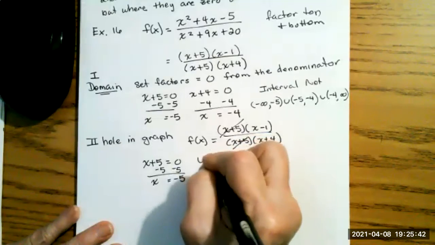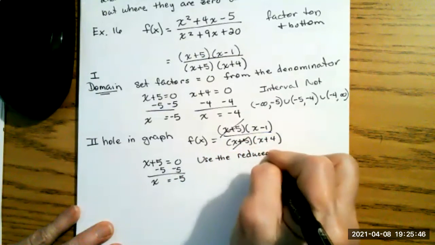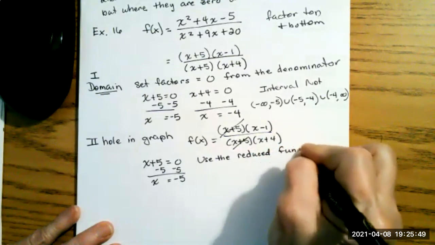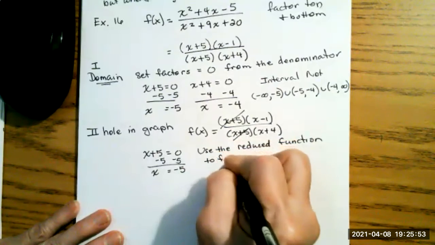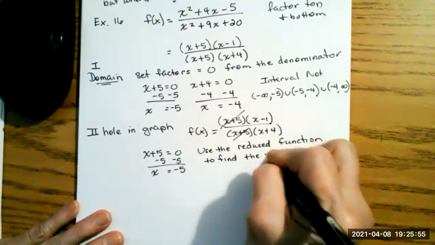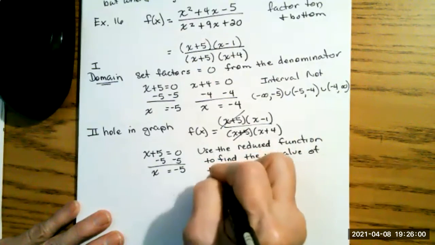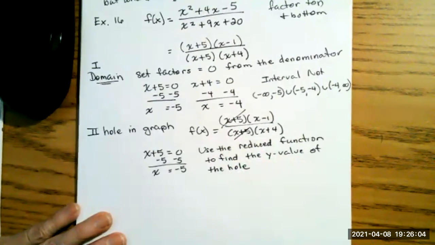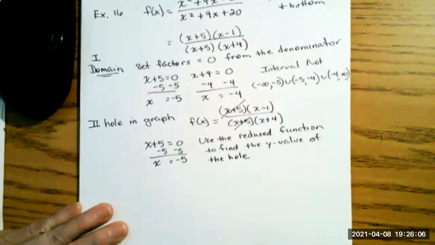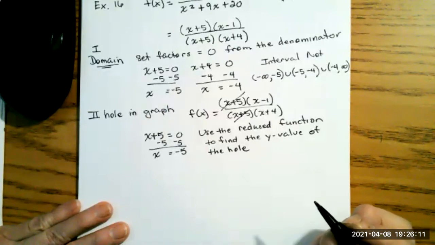Then use the reduced function to find the y value of the hole. It's not an asymptote, a vertical asymptote. It's a hole there. It's still an undefined place, but it's not a line. It's a little circle.